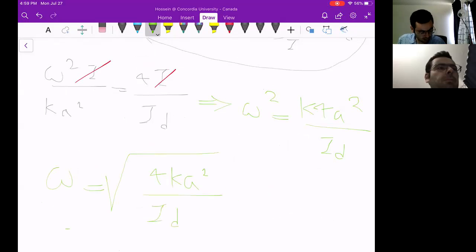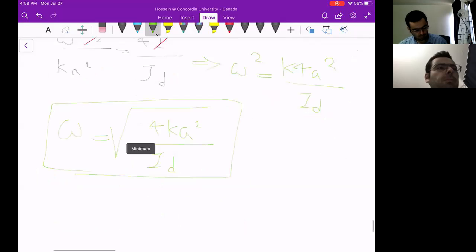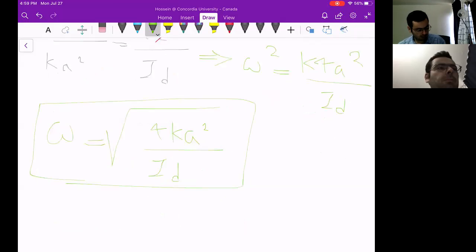If you choose k in this way, that satisfies this equation, therefore the deformation or the rotation of the main flywheel, the main mass, would be 0, and you can also go for the rotation theta 2 and solve for theta 2.